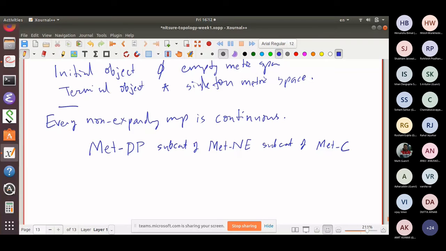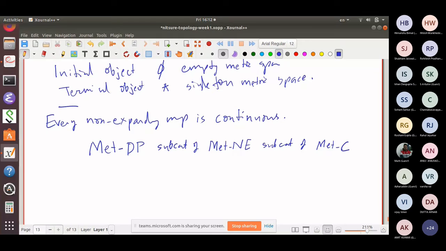Between the old objects, the arrows have remained the same. There are no more extra arrows between old objects, but there are more new objects. That kind of subcategory is called a full subcategory. In the other kind of subcategory, the objects have not increased, but between the same old objects, there are now more and more arrows. There are many more non-expanding maps, and there are even more continuous maps.